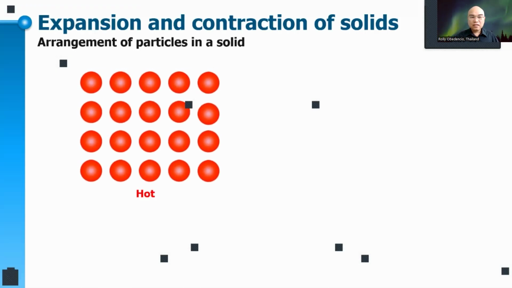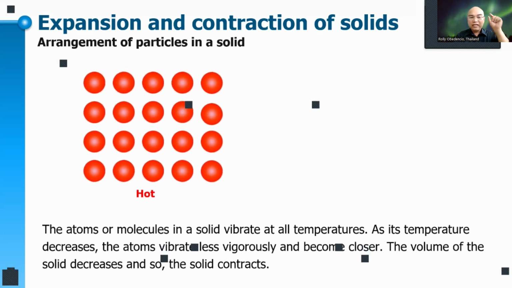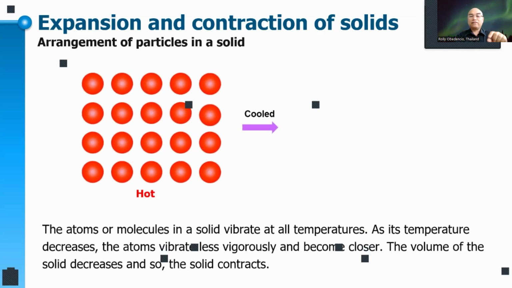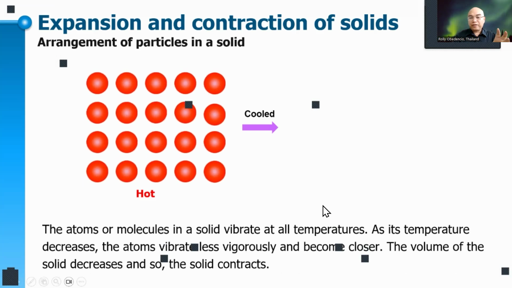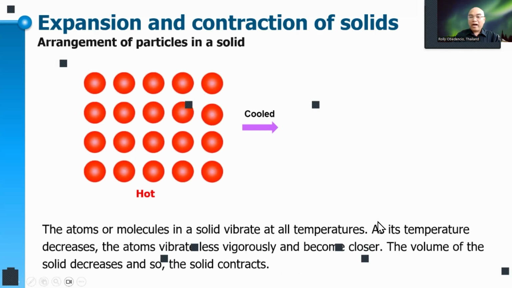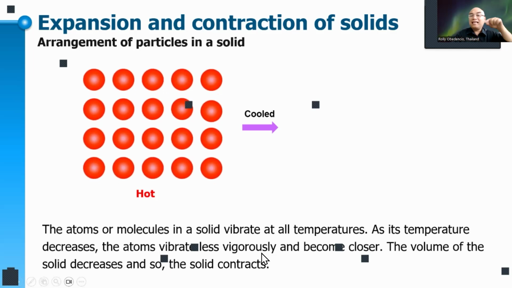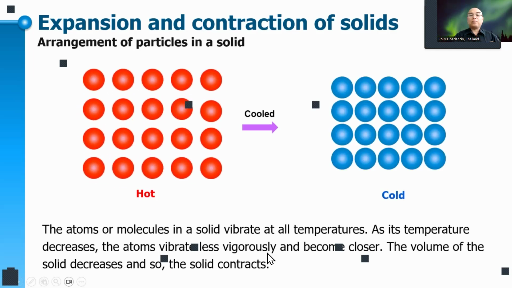All right? Now, look at the expansion and contraction of solids. So the atoms or molecules in a solid vibrate at all temperatures, as I said, but as its temperature decreases, the atoms vibrate less vigorously and become closer.